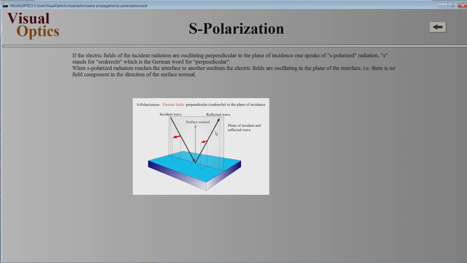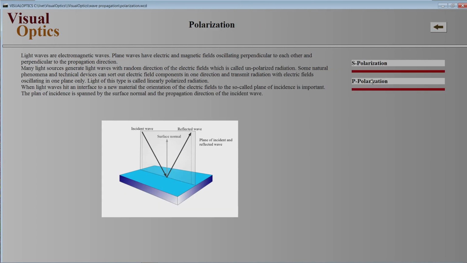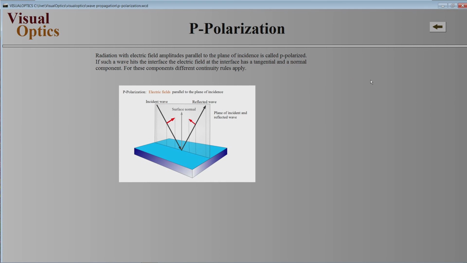So these Fresnel equations are given, and there are two equations, one for the S polarized case and the other one for P polarized radiation. And in the case of P polarization, the electric field of the incident wave is parallel to this plane of incidence.